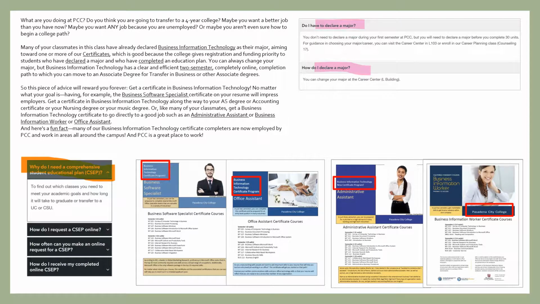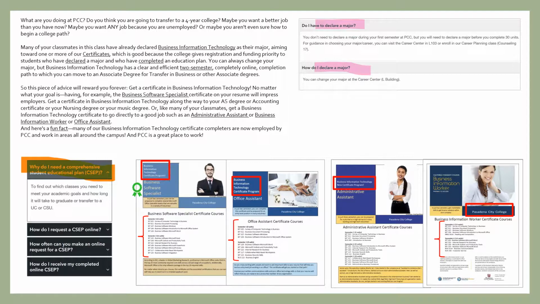You can always change your major, but Business Information Technology has a clear and efficient 2-semester, completely online completion path to which you can move to an associate degree for transfer in business or other associate degrees. So this piece of advice will reward you forever. Get a certificate in Business Information Technology. No matter what your goal is, having, for example, the Business Software Specialist certificate on your resume will impress employers.